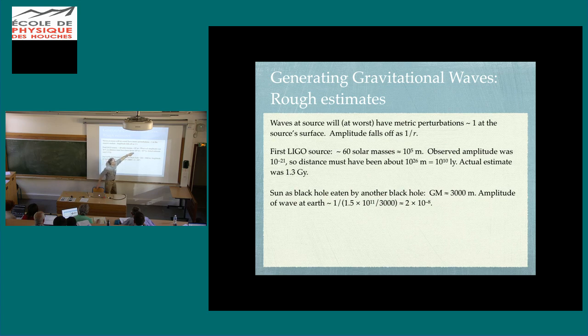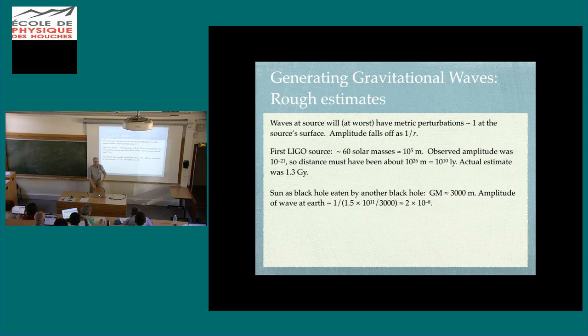So it must have been about 10 to the 26 meters away to go down from 1 at a radius of the Schwarzschild radius of the final mass to 10 to the minus 21 at our location. Does that make sense? And so that's about 10 to the 10th light years, 10 billion light years.